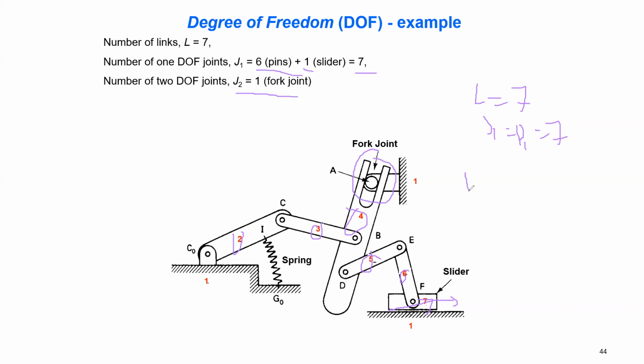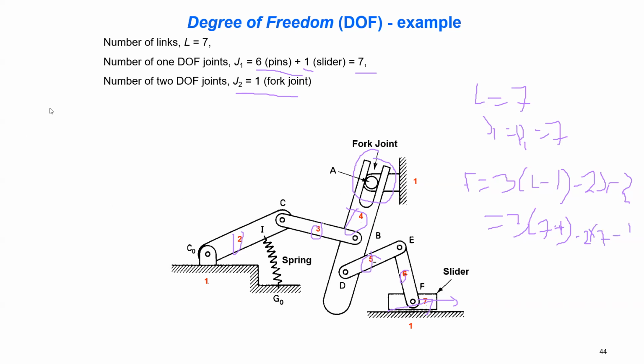So from our formula, our F, or degrees of freedom, is given by 3 into L minus 1 minus 2 J1 minus J2. Realize that it's the same as having 3 into 7 minus 1, minus 2 times 7, minus 1, right?